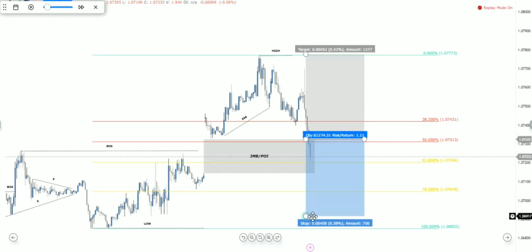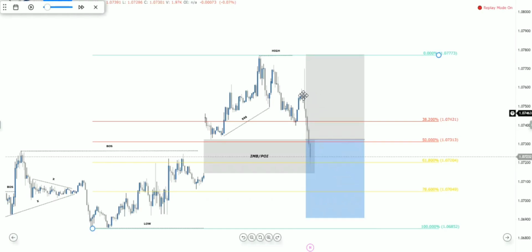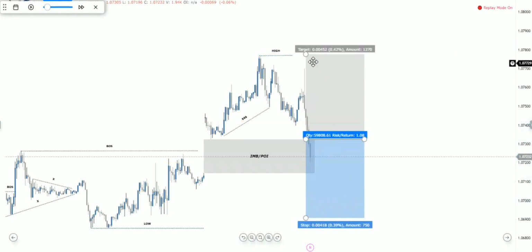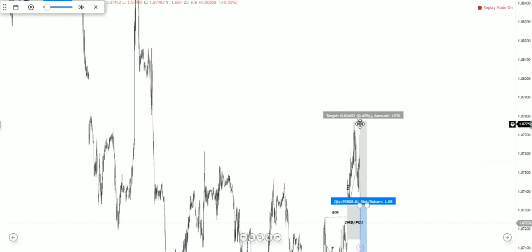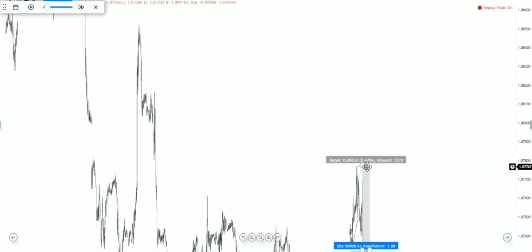Let me just open it up some more because of momentum. Momentum can be a very tricky thing. And then I'm going to target take profit number one. I'm going to target this high over here as well, or this liquidity over here.